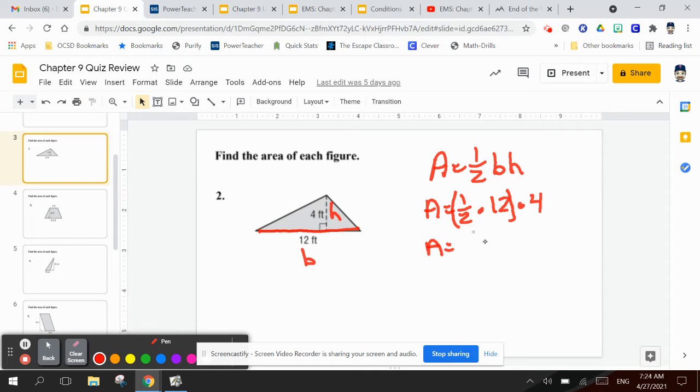So the area equals 1/2 times 6, half of 12 is 6, times 4. The area equals 6 times 4, which is 24. Feet is my label, so I have feet squared.